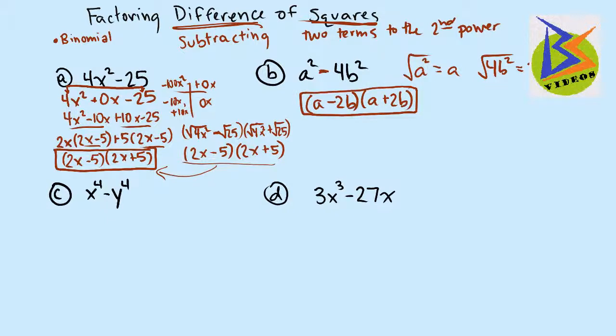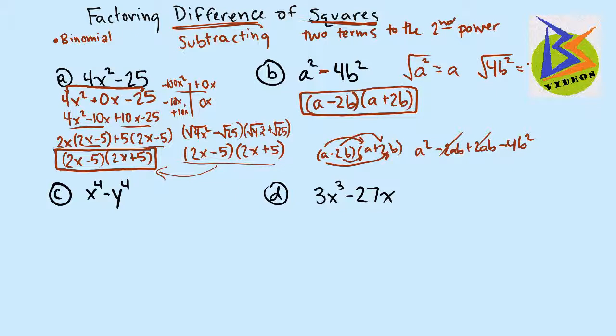To check, we could use the FOIL method and multiply this out. We get middle terms of a squared minus 2ab plus 2ab minus 4b squared. These middle terms cancel, and we're left with our original, so we know we've done it correctly.